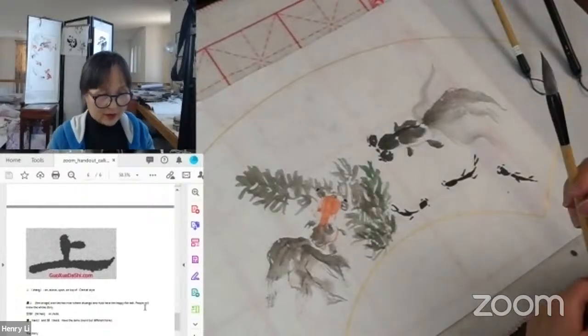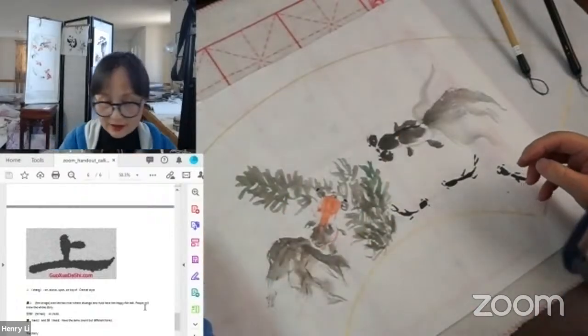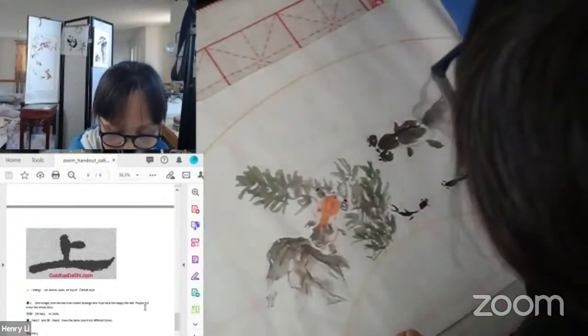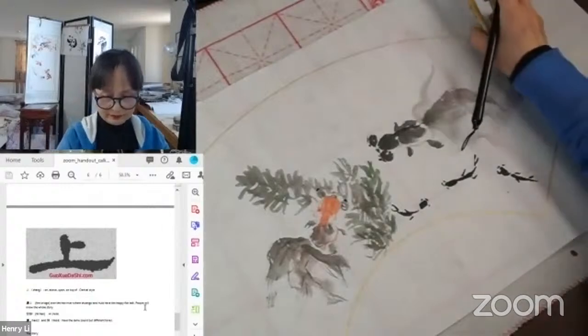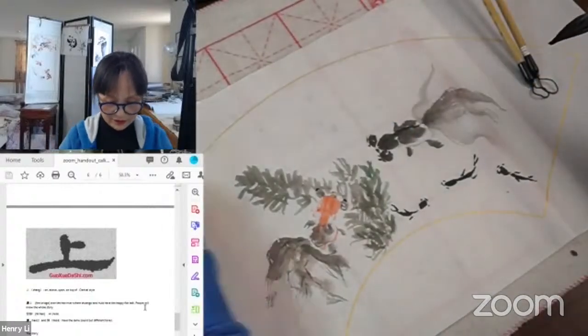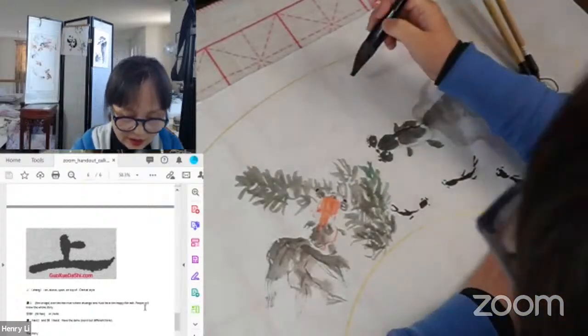Okay. And then I put the character on that we just learned today. I put it here, following the traditional way, right to the left.